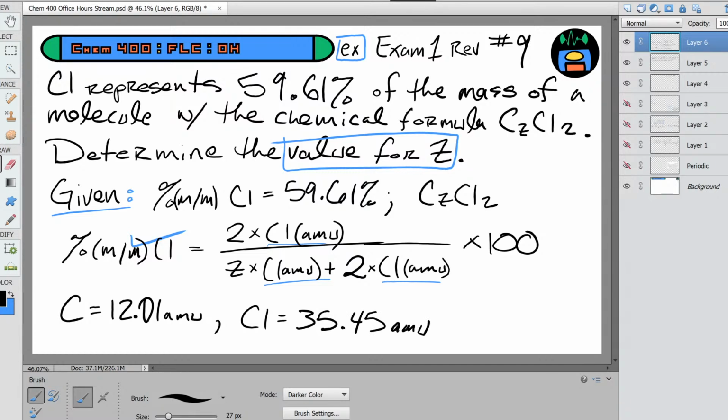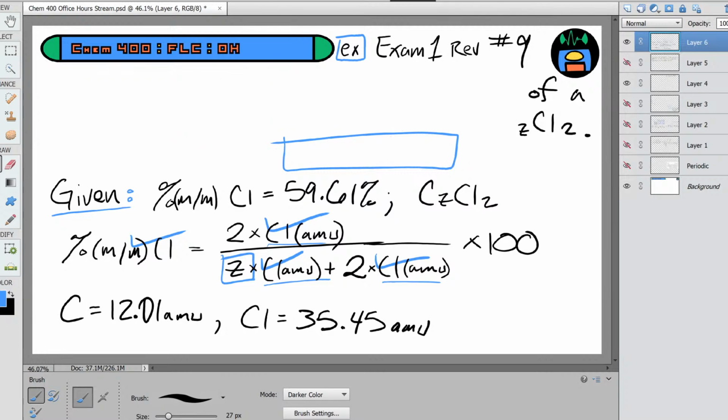So now that we've looked up the atomic mass for carbon and chlorine, there's only one variable in this equation we don't know, and that is Z, the subscript for carbon. Since that's the only unknown, we can solve for it algebraically.